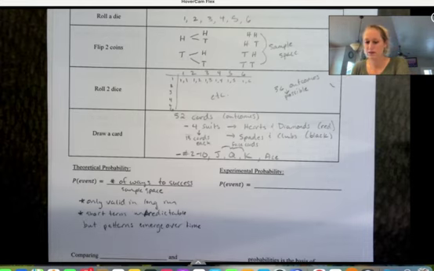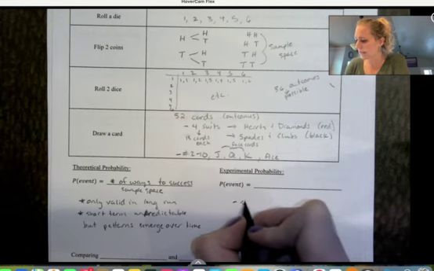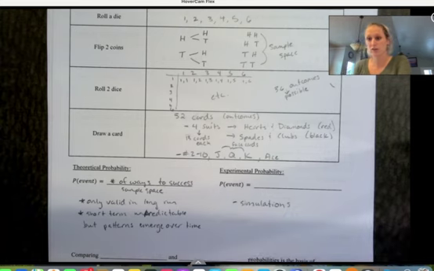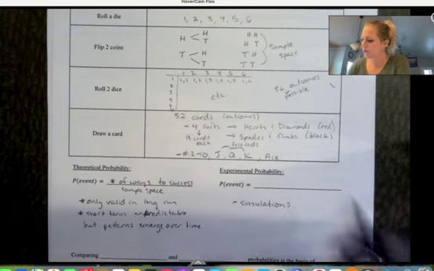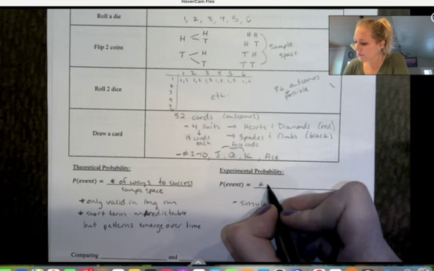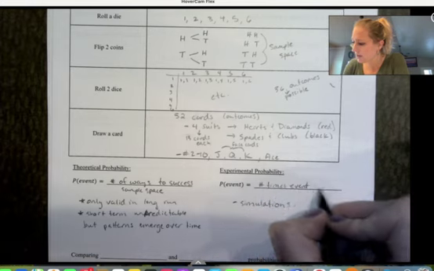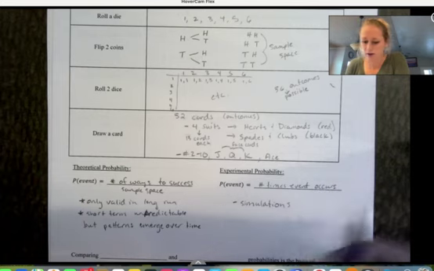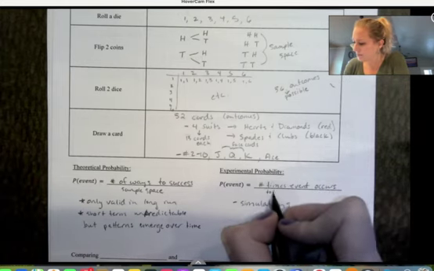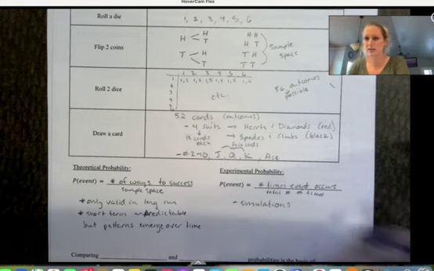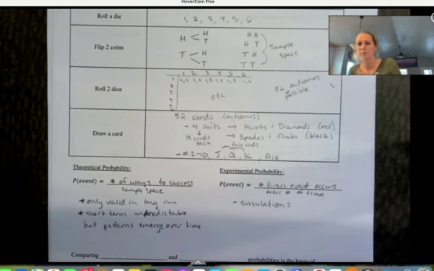Okay, with experimental probability, this is something where people use simulations to actually run experiments for how many times things might occur. So it's the number of times an event occurs over the total number of times. And again, that's experimental because they're actually running an experiment and performing the said event multiple times.